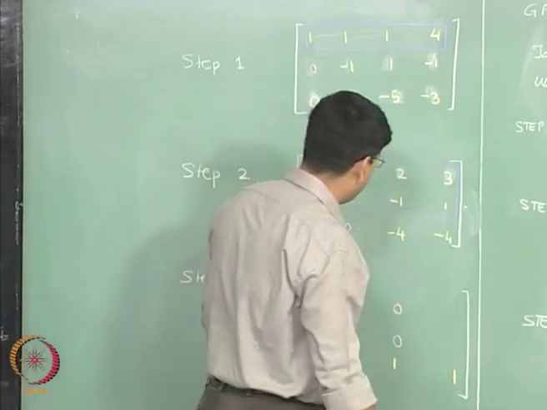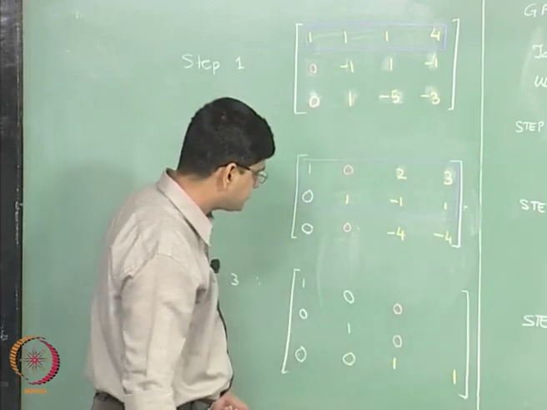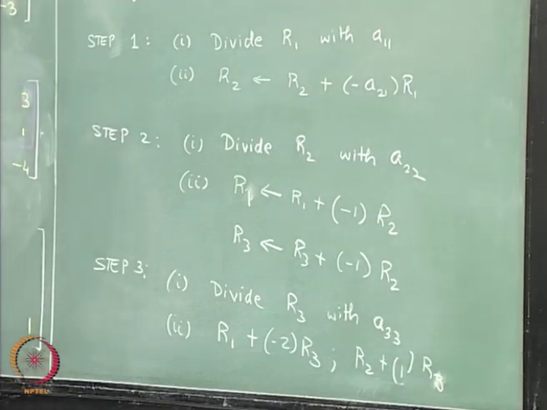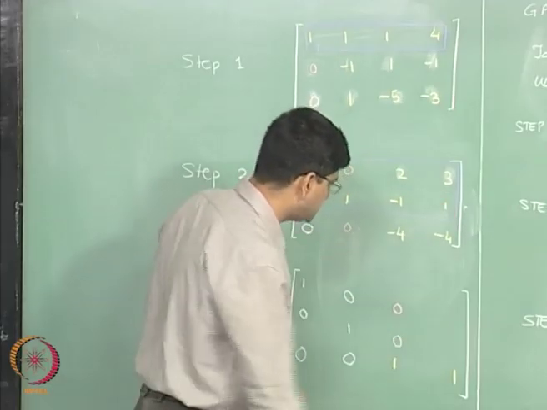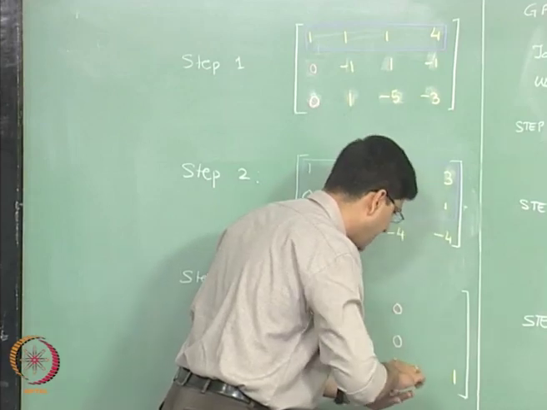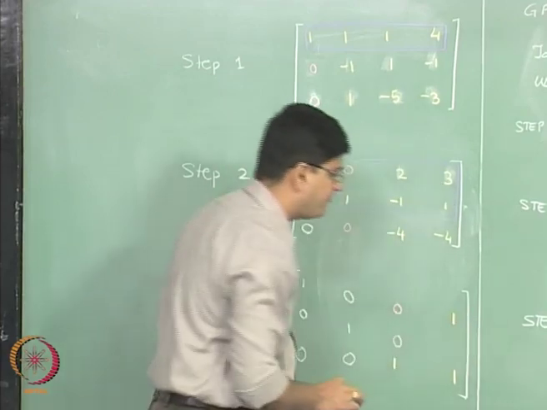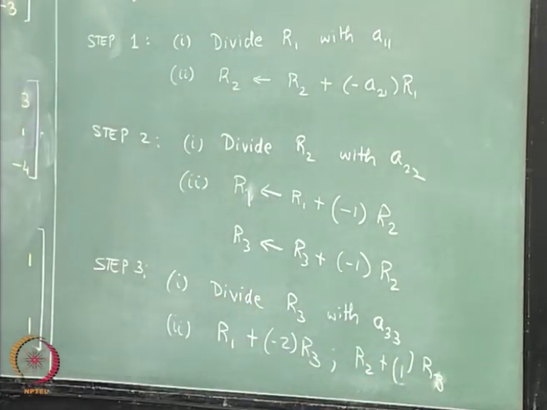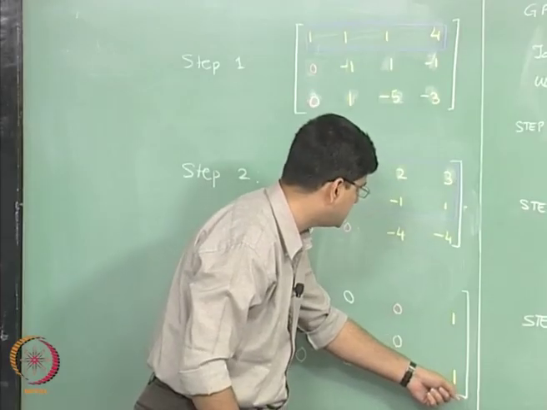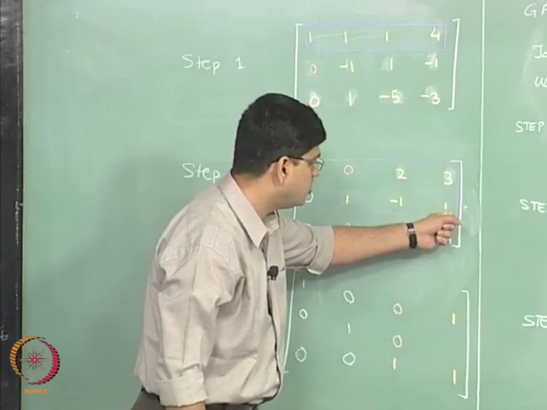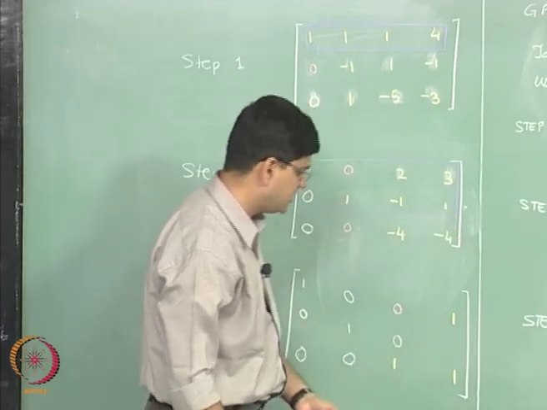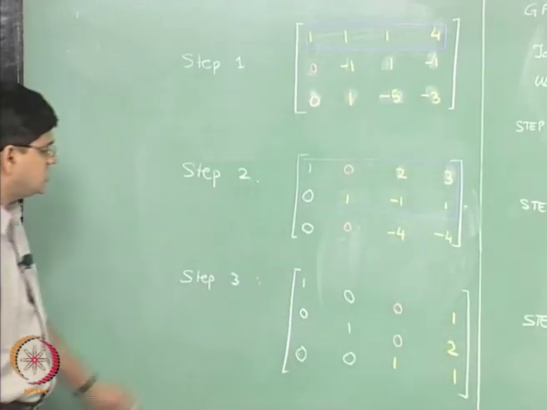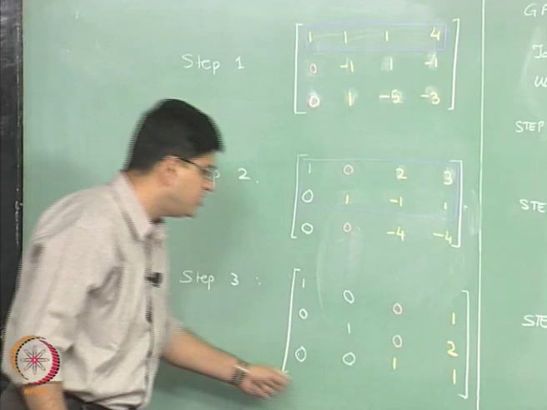We are essentially doing R1 minus 2 times R3, so 3 minus 2 is going to be equal to 1. And R2 plus 1 times R3: in the new R3 the value over here is 1, the old value of R2 was 1, so 1 plus 1 is going to lead us to 2. So this is what we get at the end of the Gauss Jordan method.